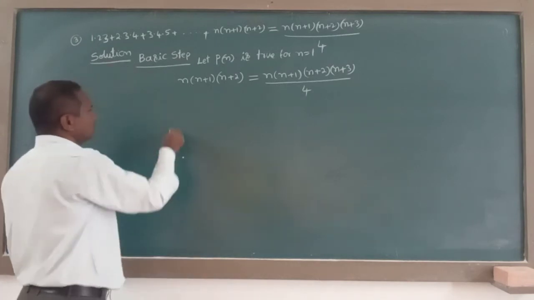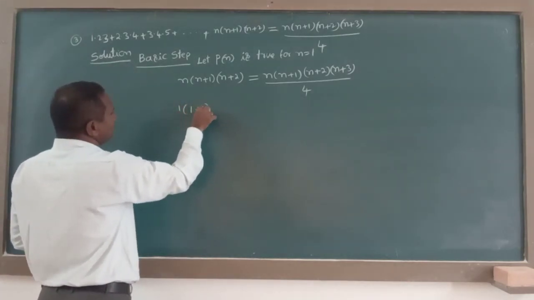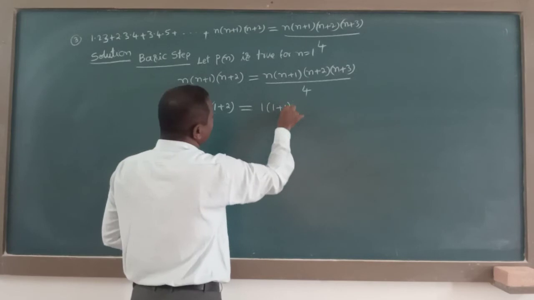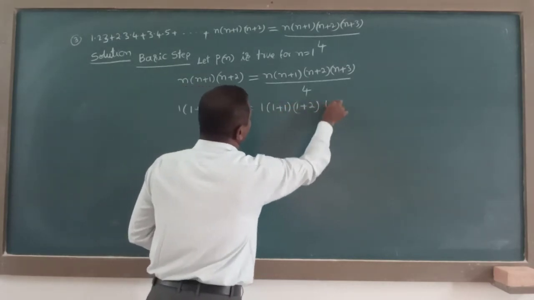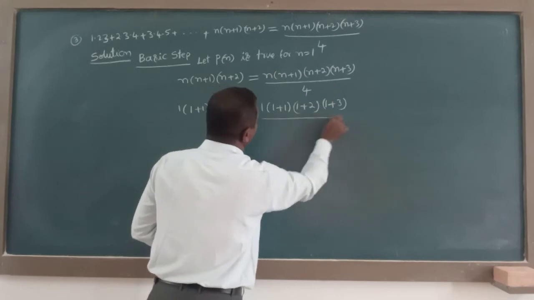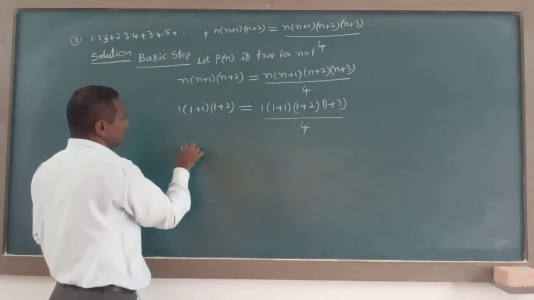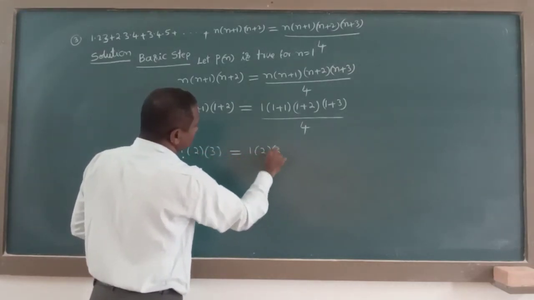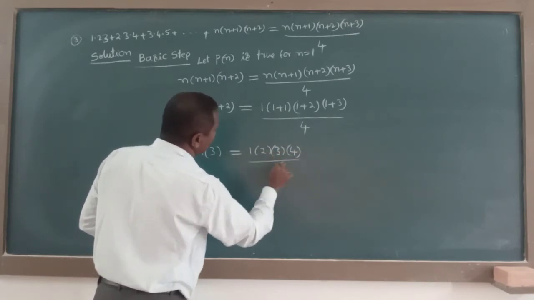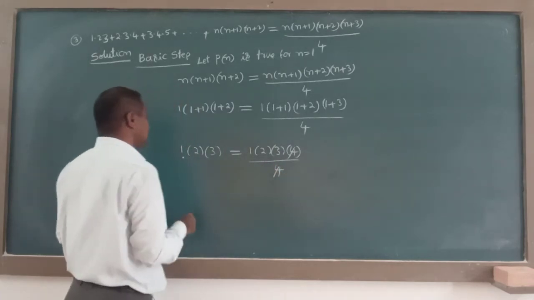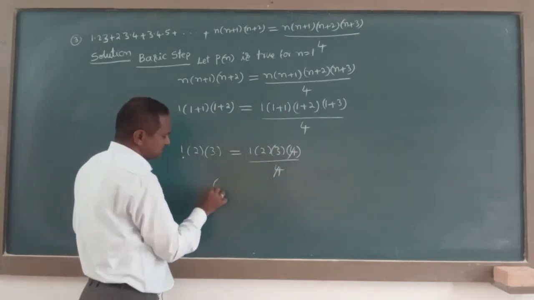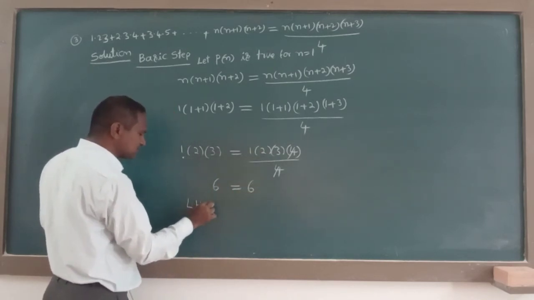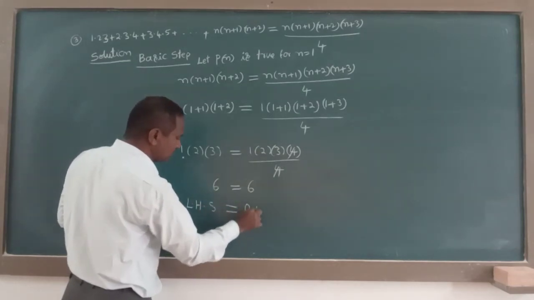N is equal to 1 means here 1 into 1 plus 1 into 1 plus 2 is equal to 1 into 1 plus 1 into 1 plus 2 into 1 plus 3 whole dividing by 4. 1 into 2 into 3 is equal to 1 into 2 into 3 into 4 whole dividing by 4 here. 4 gets cancelled, and the product of these three numbers, 6, is equal to 6 here also. Therefore, LHS is equal to RHS.